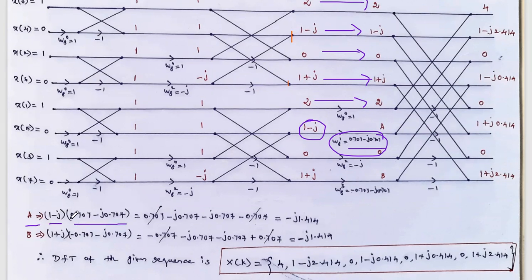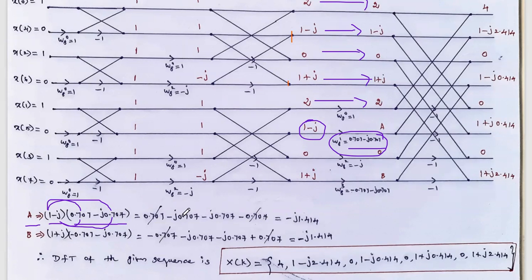So first, 1 multiplied with 0.707 gives 0.707. Then 1 multiplied with minus j 0.707 gives minus j 0.707. Then minus j multiplied with 0.707 gives minus j 0.707. Then minus j multiplied with the last term, minus j 0.707, gives plus j squared, and j squared is minus 1, so minus 0.707.